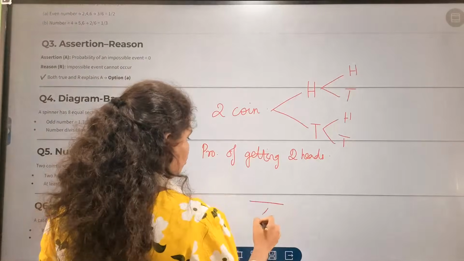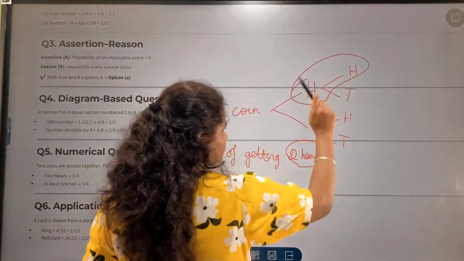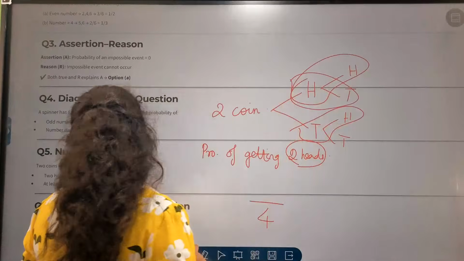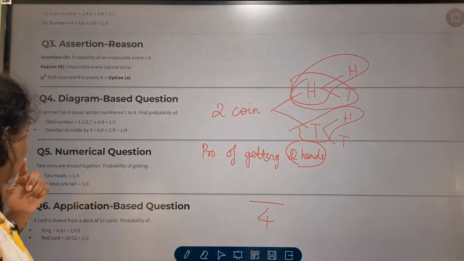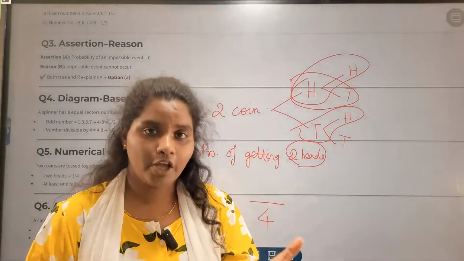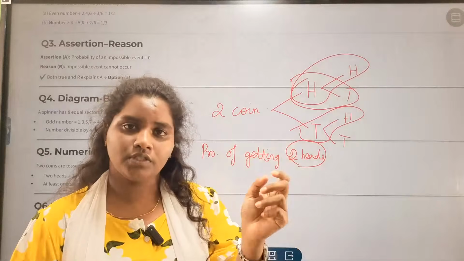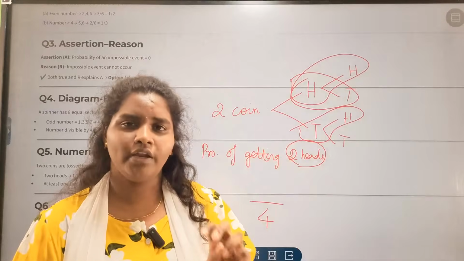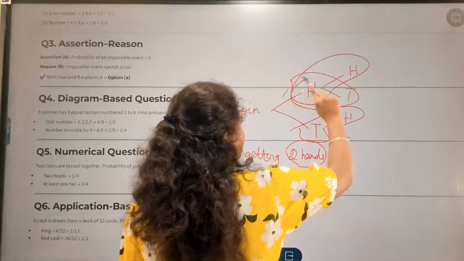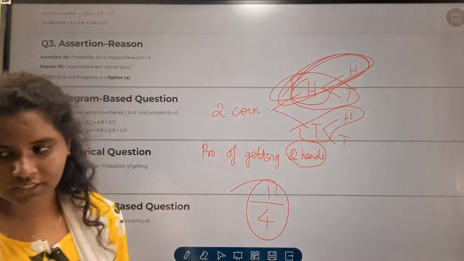So 4, and what about two heads? Okay, so the question is, what is the probability of getting two heads? So in both the coins, we have to get head. So only one chance. It's 1 by 4 is the answer.